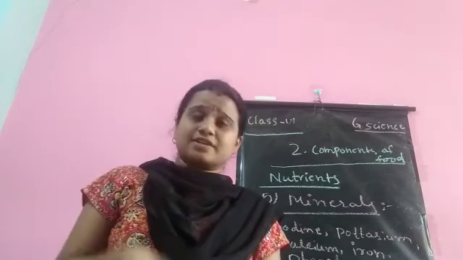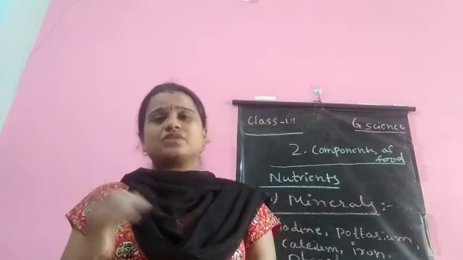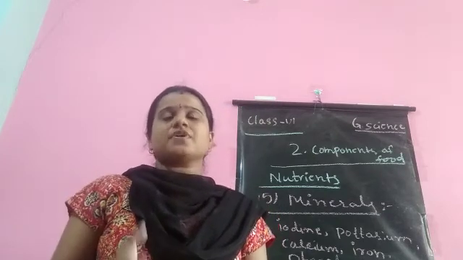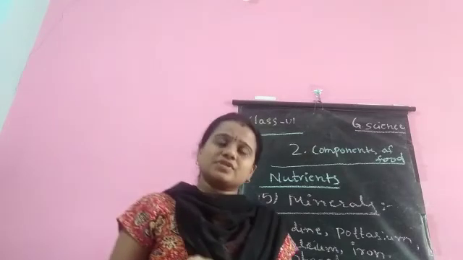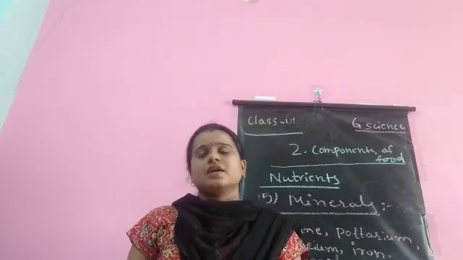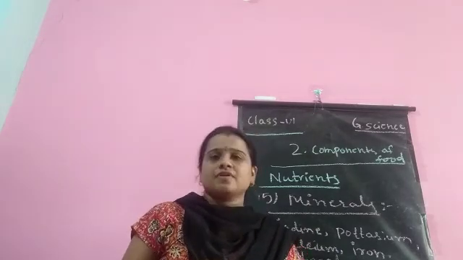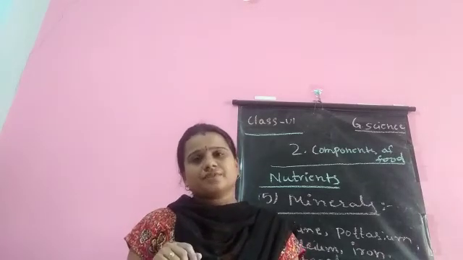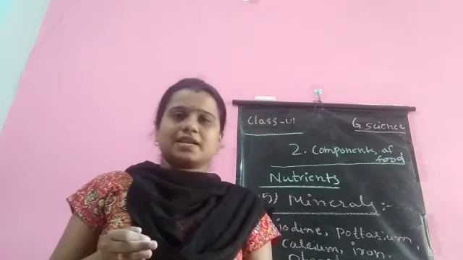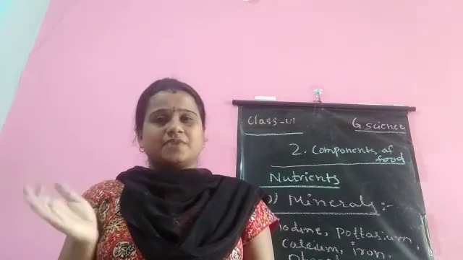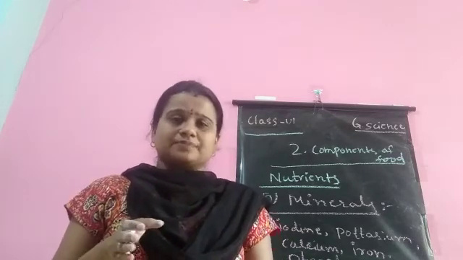Next, phosphorus. Like calcium, phosphorus is also needed for formation of bones and teeth. Important sources of phosphorus are green leafy vegetables, potato, milk, whole grains, pulses, beans, and whole millet.